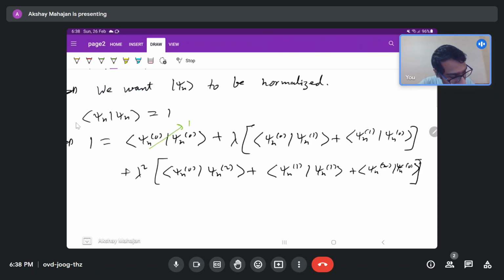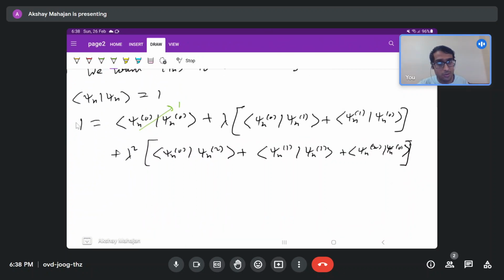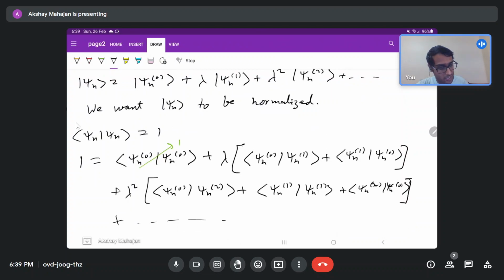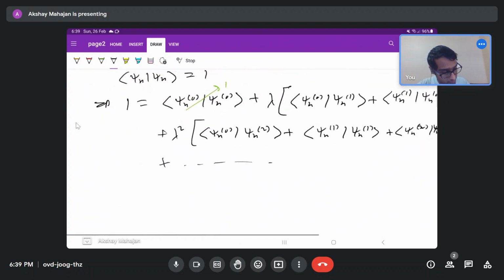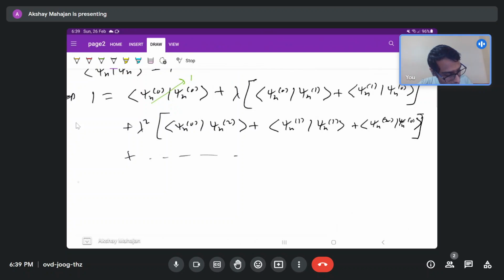So the 1 equals 1, and all the other terms, the coefficients of lambda, lambda square, and so on, all have to be 0 if we want our psi function to be normalized.